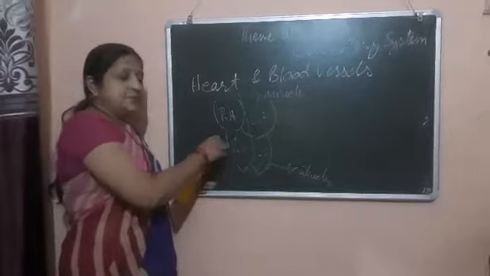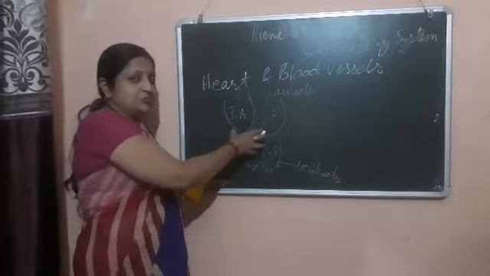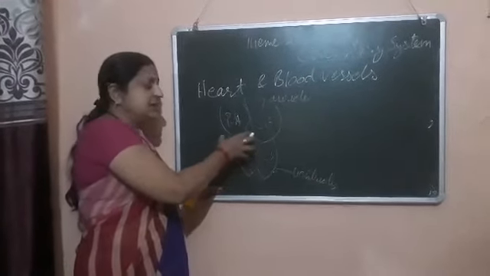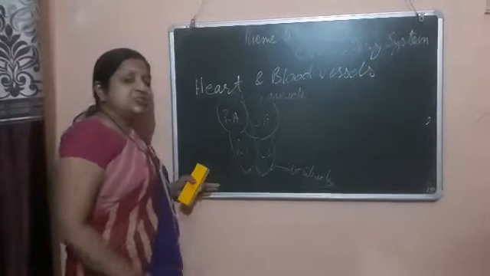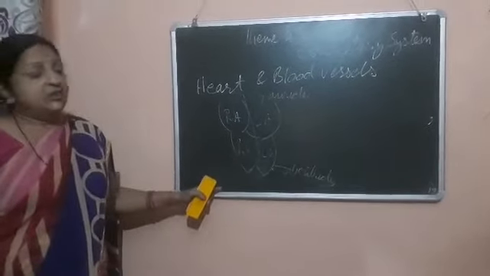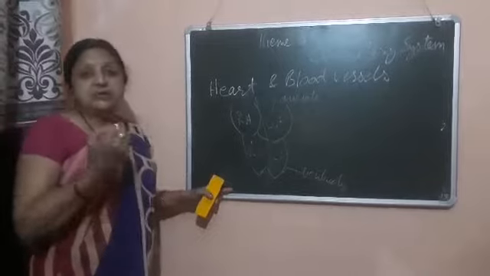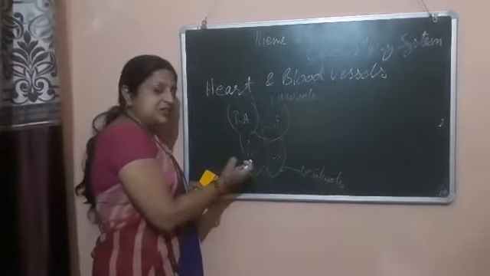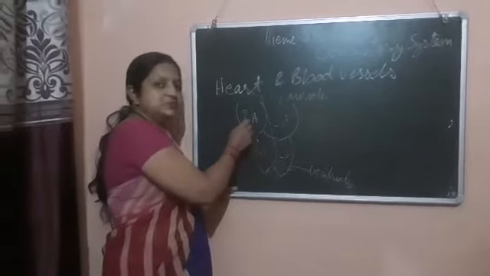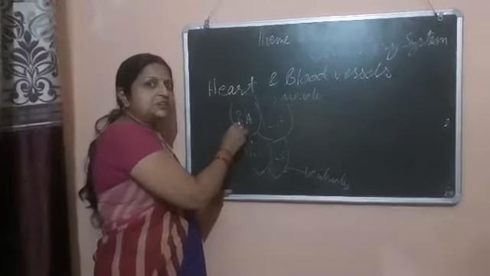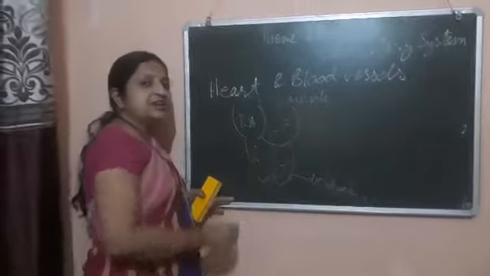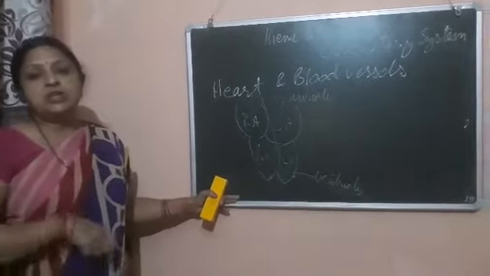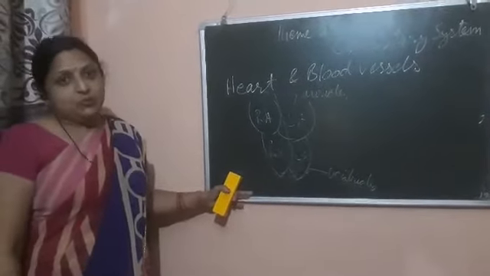These chambers are responsible for pushing the blood. The auricles are responsible for collecting the blood from various parts of our body, and the ventricles are responsible for pushing the blood to all parts of the body.